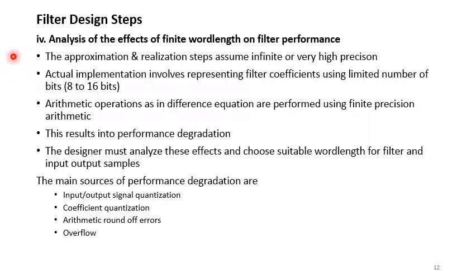The fourth step is the analysis of the effects of finite word length on filter performance. You understand that in digital we don't have very high precision. Whether these are coefficients of the filter or the values of the signal, we have to represent them by finite words. That means we will represent them by a few bits, that can be 8 to 16.